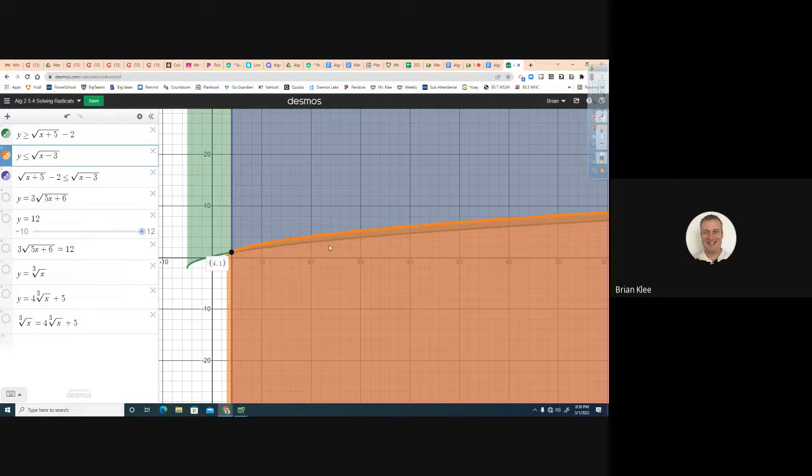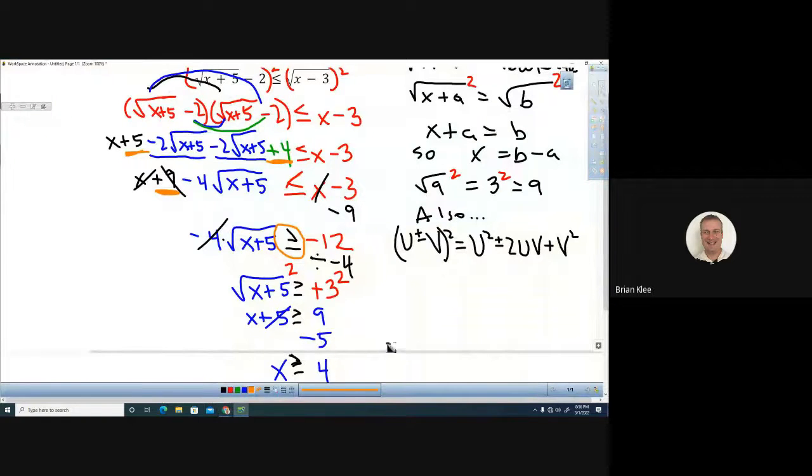We need stuff that's above, again, the green equation, which is x plus root of x plus 5 minus 2, but below the orange equation, which is less than or equal to the root of x minus 3. So our final answer, like I was showing, is x is greater than or equal to 4 are what's going to cause solutions for both of the equations.